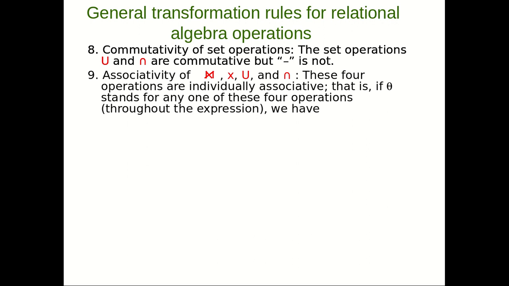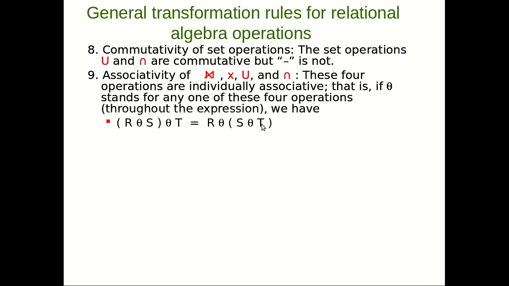Associativity of join, Cartesian product, union and intersection. These four operations are individually associative. That is, theta stands for any one of these four operations. Then, for example, R join S join T can be written as R join (S join T).